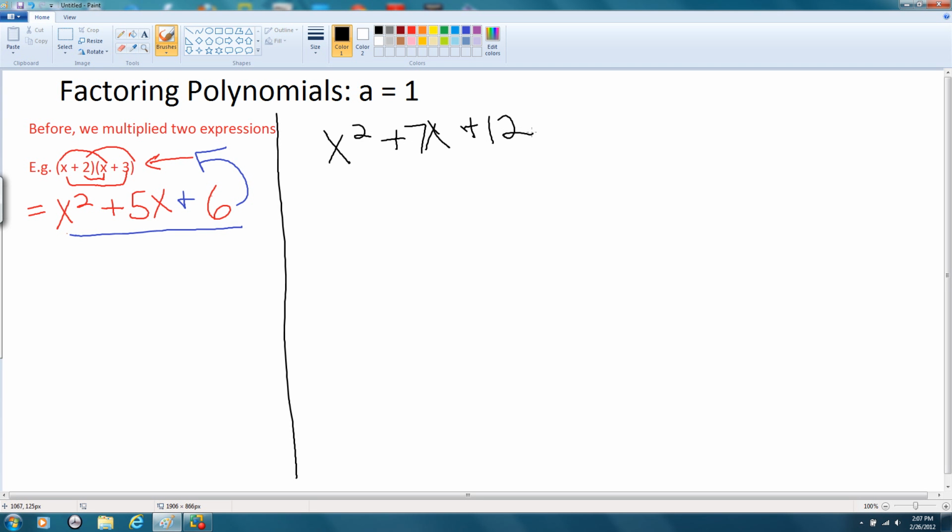What I want to make this into is something that looks like x plus something times x plus something. Sometimes it may be a minus in there, but here we have all positives, so it's going to be a plus.